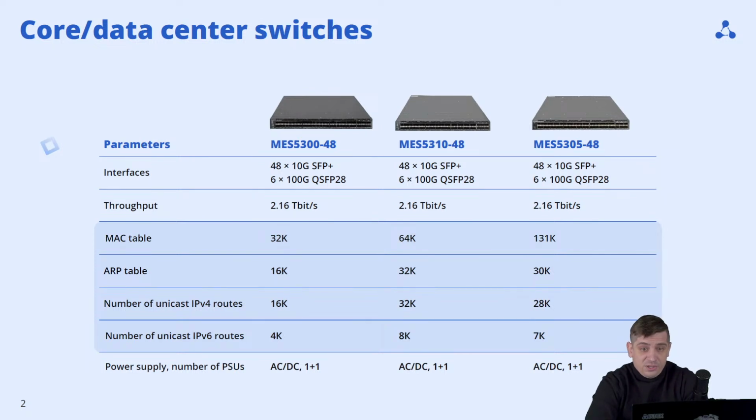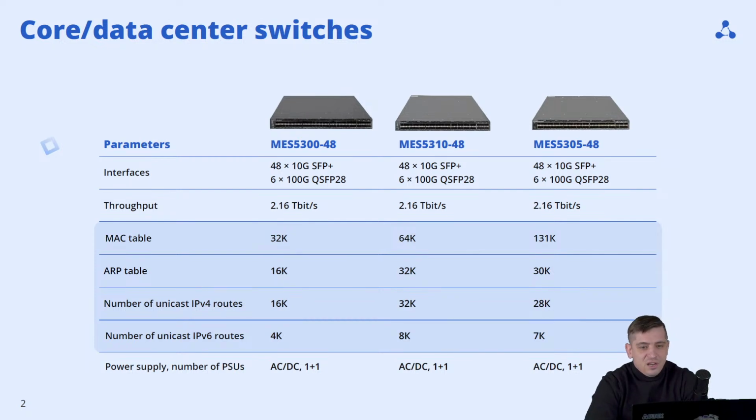Very often we receive many inquiries from our customers to implement flexible solutions with different data characteristics for switches, and we still follow such requirements and implemented several switches in this lineup. As you see, MES 5300 40 rate, MES 5310 40 rate, and MES 5305 40 rate.